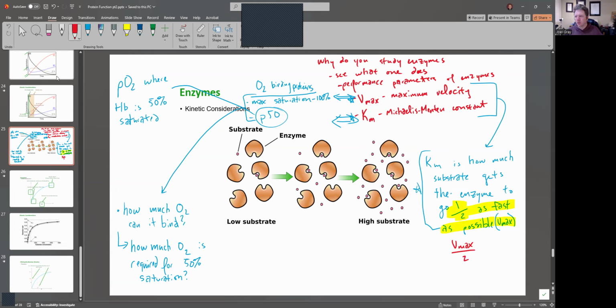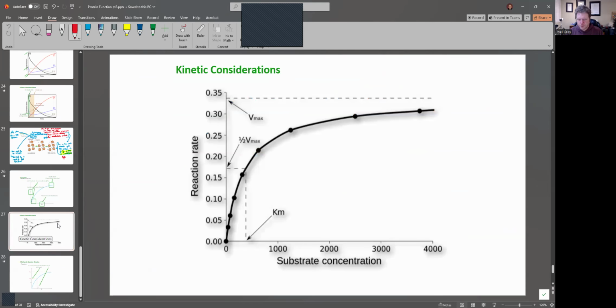Understanding Km and Vmax are the first two kinetic parameters for understanding how an enzyme functions and how enzymes are evaluated. When it comes to oxygen binding proteins, we look at the P50 to compare different hemoglobin variants or myoglobin proteins.